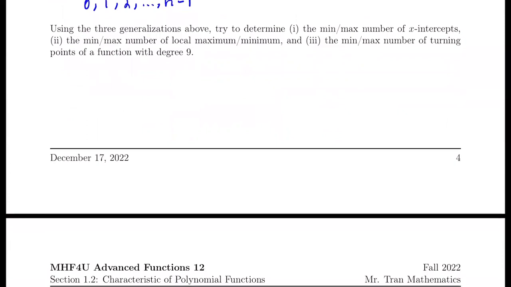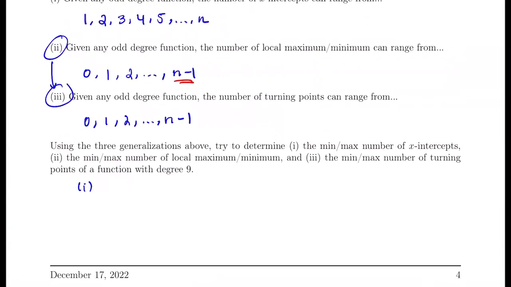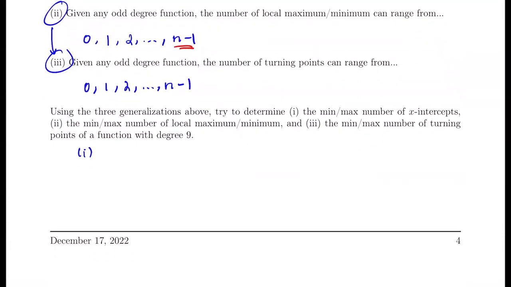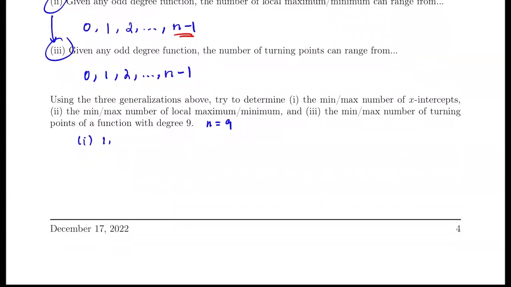Using the 3 generalizations above, we know that any odd degree polynomial function can range from 1 to n. So since n is equal to 9, we would have up to 9 x-intercepts, but a minimum of 1. So we could have 1, 2, 3, and so on until the 9th x-intercept.